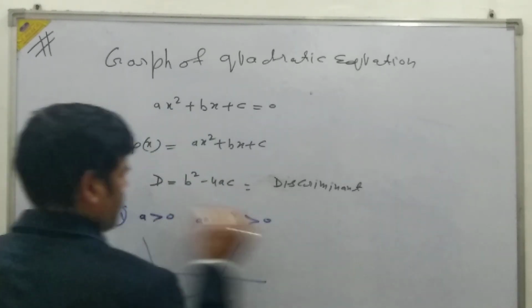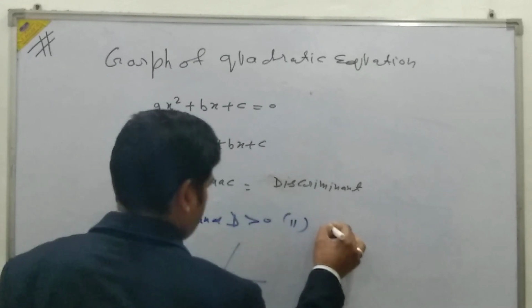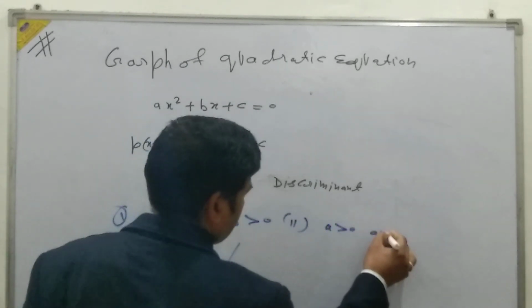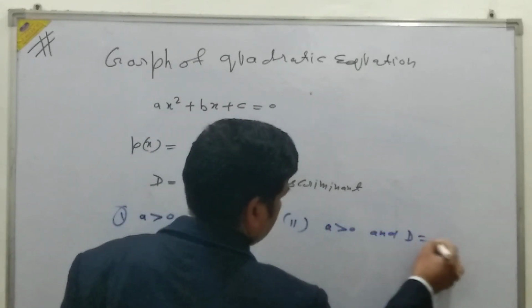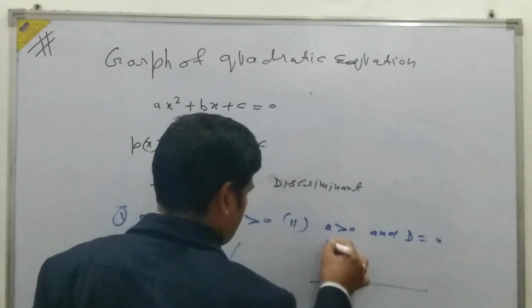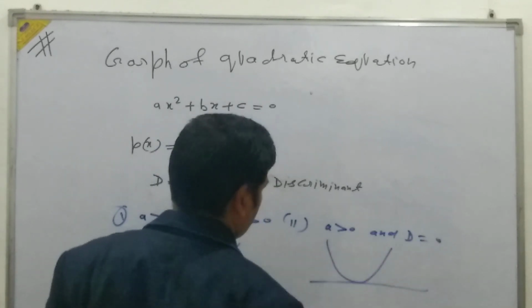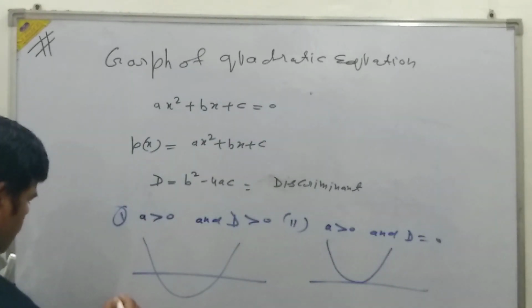Second, if a is greater than 0 and D equal to 0, the graph will be like this. Both roots are equal.